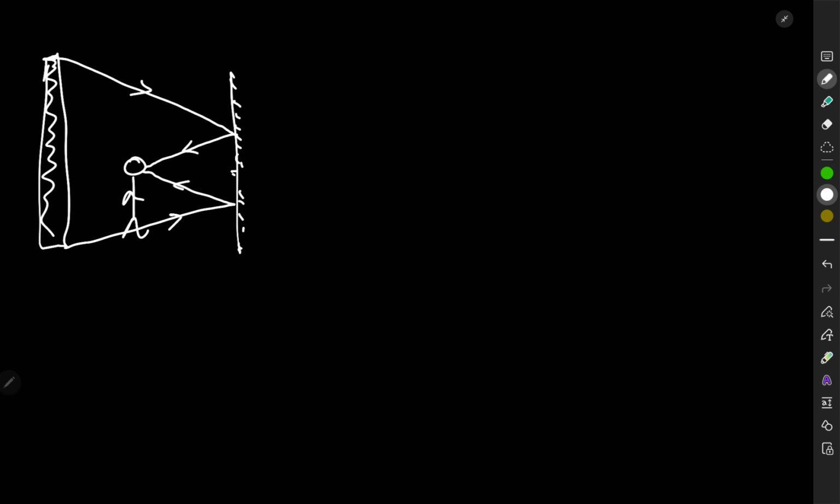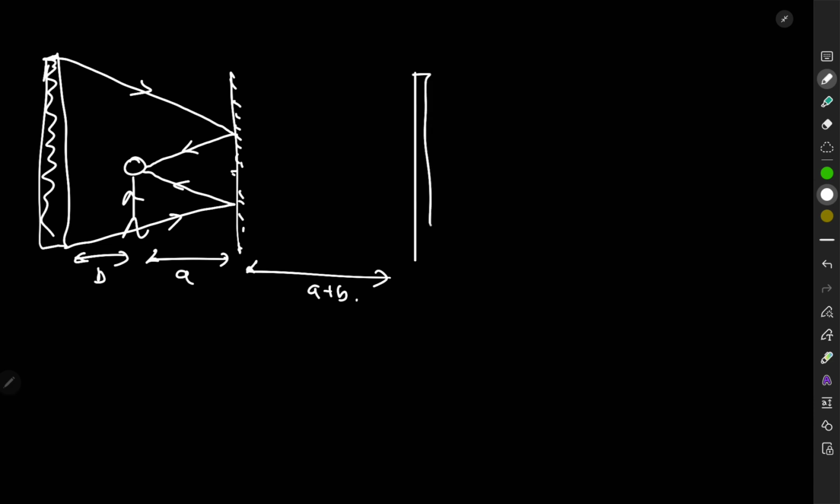Of course you must. And let's say the distance is A and the distance is B. Fine. So here also the same distance will be there, which is A plus B, right? Because she needs to see the wall, not her.